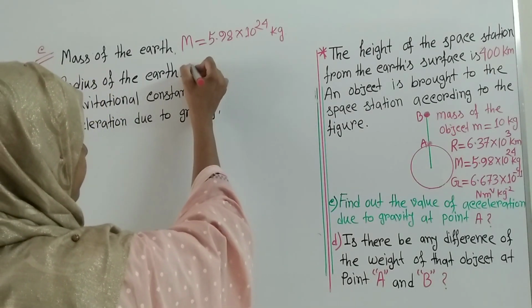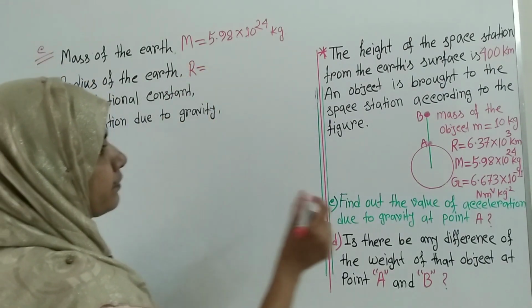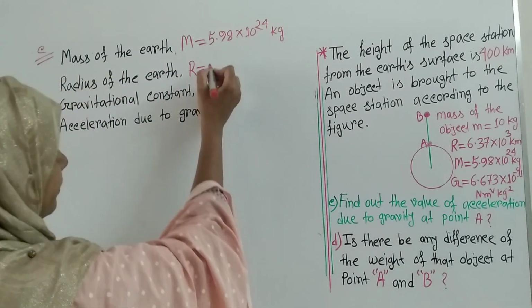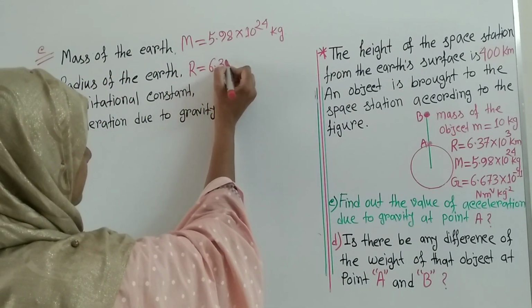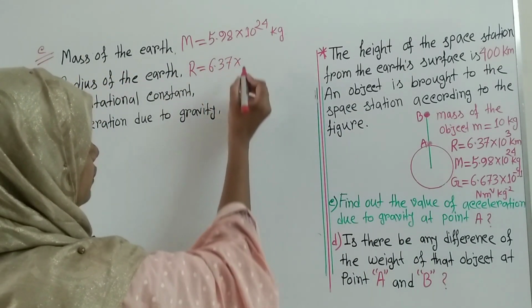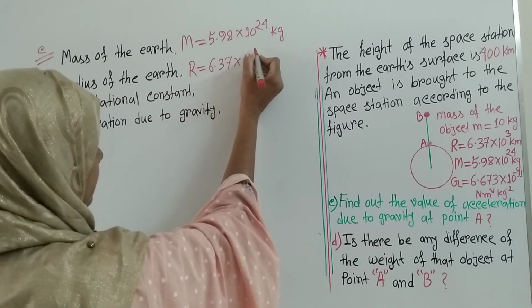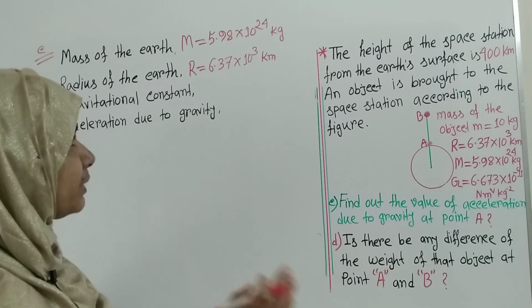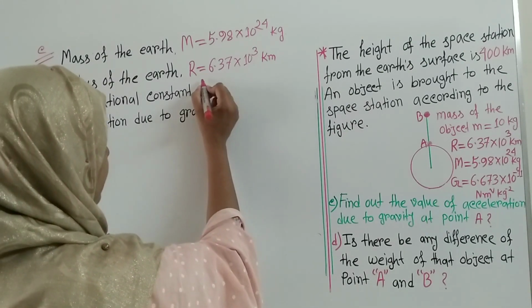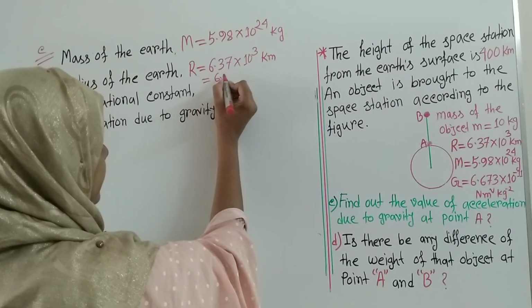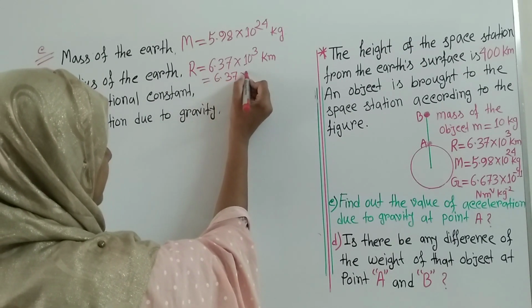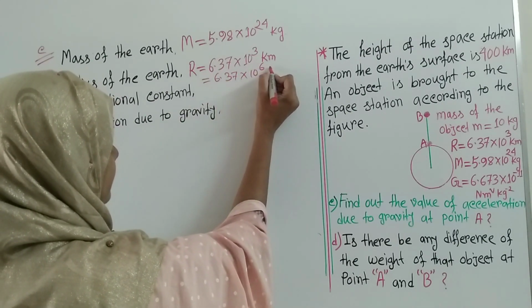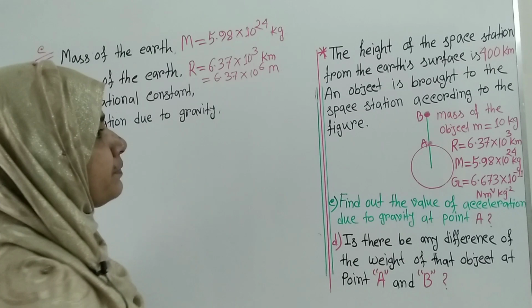Radius of the Earth. The value of R is 6.37 into 10 to the power 3 kilometer. So, if you convert it into meter, then we will get the value 6.37 into 10 to the power 6 meter.